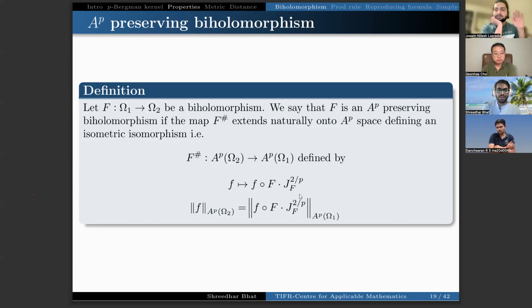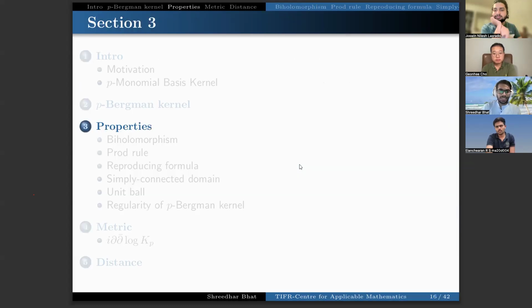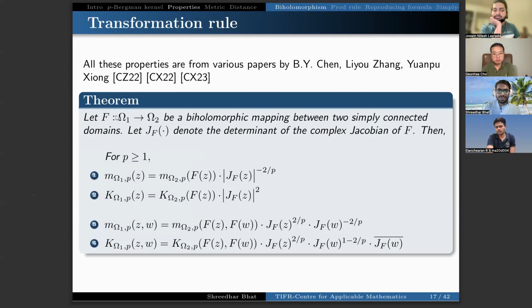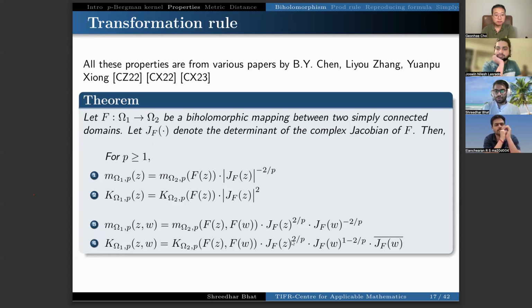So I can go back and change this transformation rule: if f is an A^p preserving biholomorphic mapping between any two bounded domains, then we have this transformation for p. Because only this 2 over p not being well defined is the hindrance.